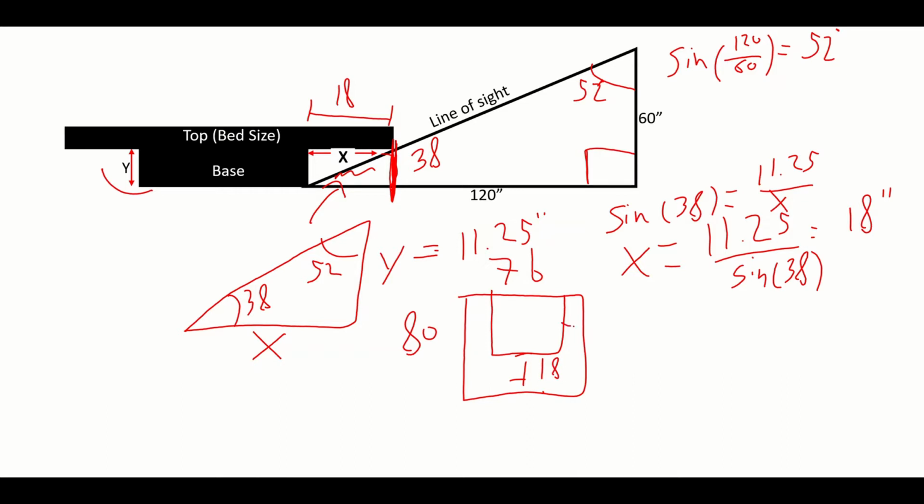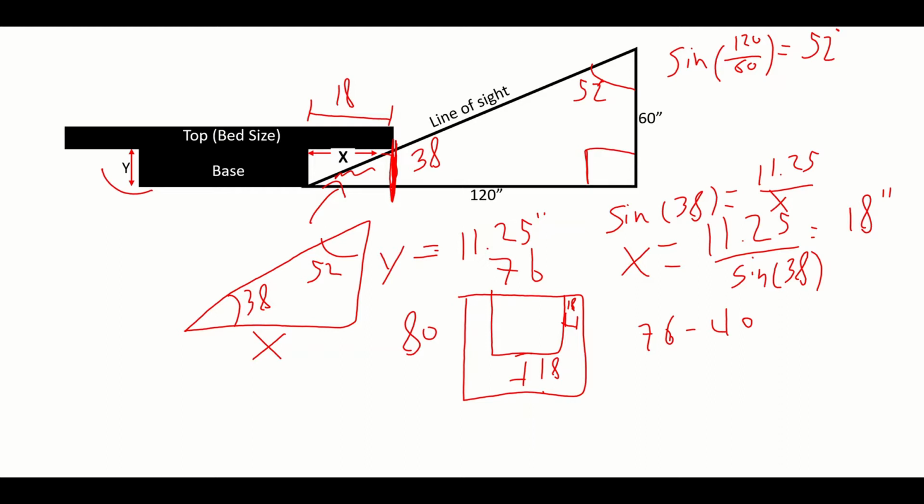So if we go 76 minus 18 and 18 on both sides, what is that? Is that 40? 40. Okay, that's a kind of awkward length.